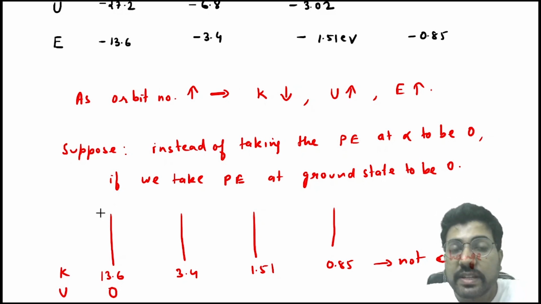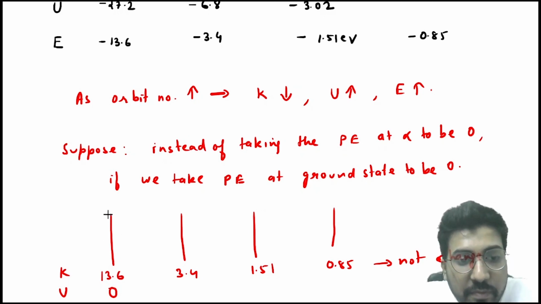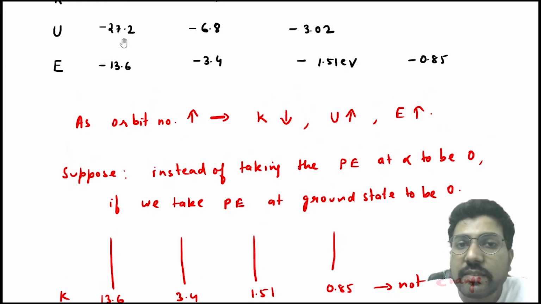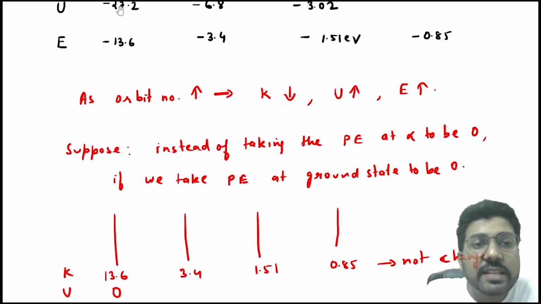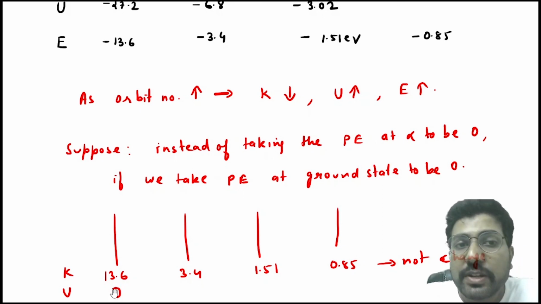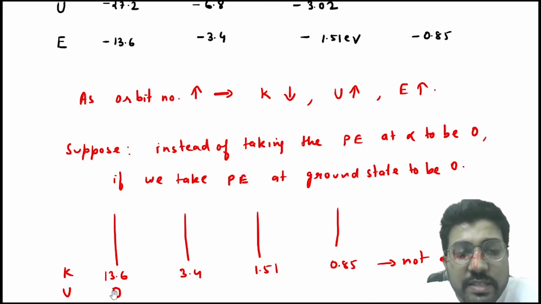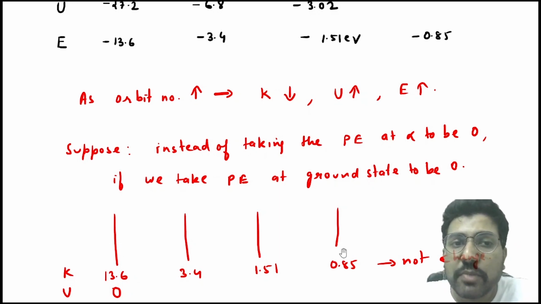Listen carefully. If the difference should be fixed, that means the first orbit, initially the potential energy was minus 27.2, but in this case it is zero. That means you have increased the potential energy by 27.2. Minus 27.2 to zero, that means you have to increase it by 27.2. So if you have increased this by 27.2, increase every orbit by same 27.2, and in that case you will say that the difference will be fixed.